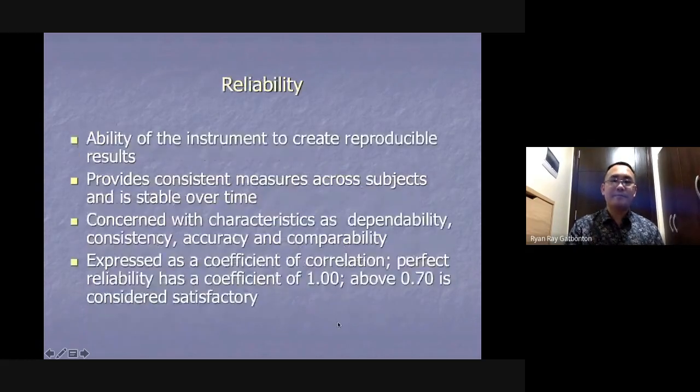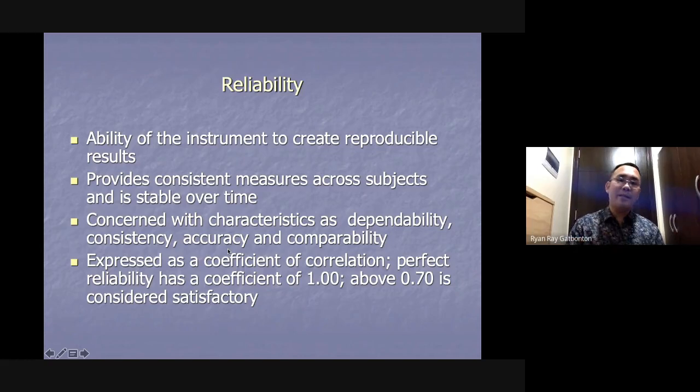While reliability, on the other hand, pertains to the ability of your instrument to create reproducible results given the same context, circumstance, and conditions when you administer the tool. So this reliability is concerned with characteristics such as dependability, consistency, accuracy, and comparability.